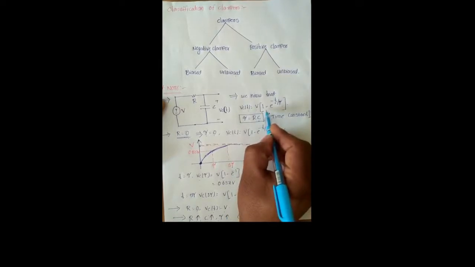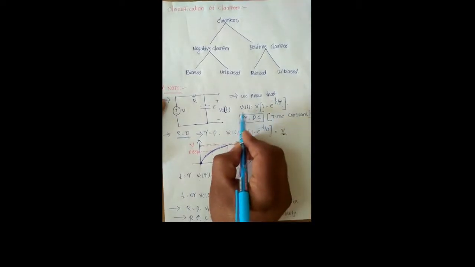With respect to this equation, we draw the capacitor voltage waveform. For example, at t equal to 0 instant, we get Vc of t equal to 0 volts.